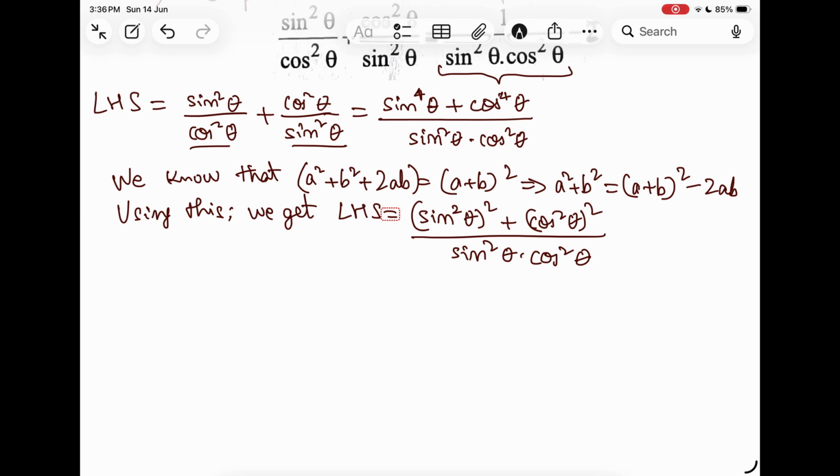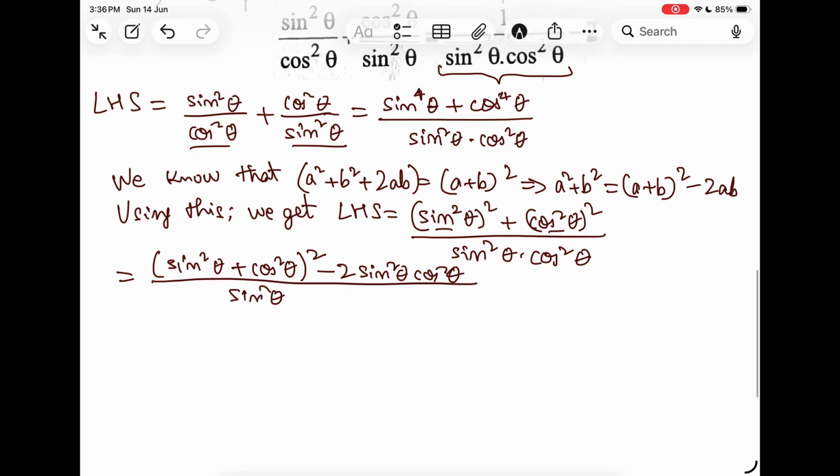Alright, so here we can clearly see that the above algebraic formula can be implemented over here. So we have sine square theta plus cos square theta. Why do we get it? Because we are treating them as a and b, right? So we get this whole square minus 2ab. Now a and b are sine square theta and cos square theta respectively. Putting it, we get minus 2 sine square theta multiplied with cos square theta divided by sine square theta cos square theta.